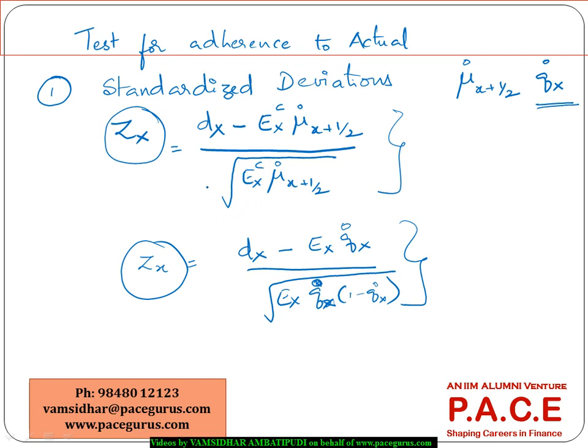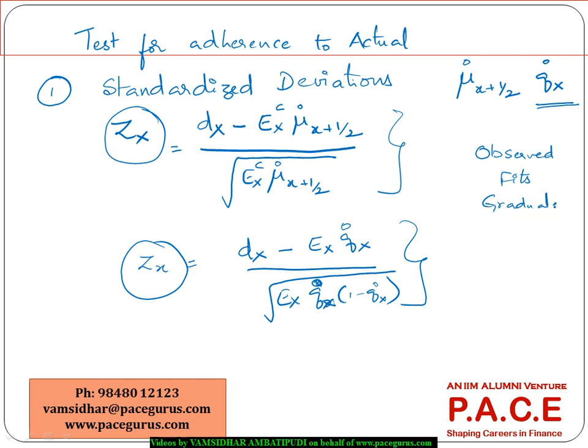So I'll compute the Z at each of these ages by computing the standardized deviation, and based on this Z that gets created for each of the ages, I see whether my observed data fits the graduated rates.